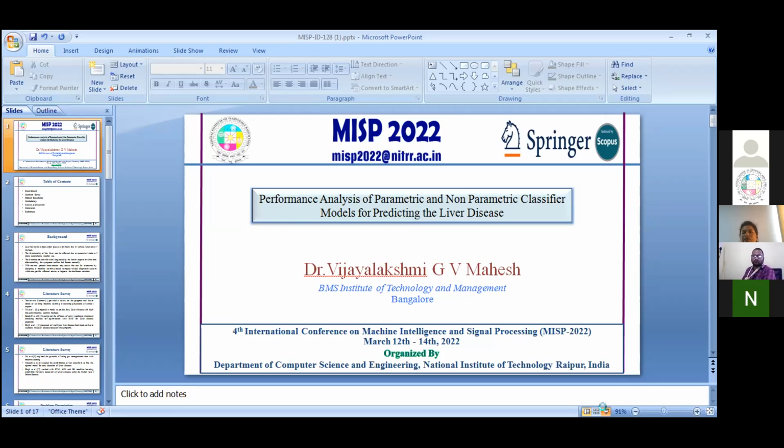Here we are trying to introduce machine learning models where we can predict, based on certain key characteristics, whether there is the presence of liver disease or not. We have not considered a particular liver disease. We are just taking the key parameters and trying to find out, based on them, whether there is presence of the disease or not.